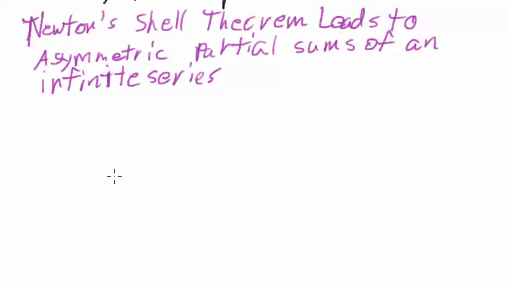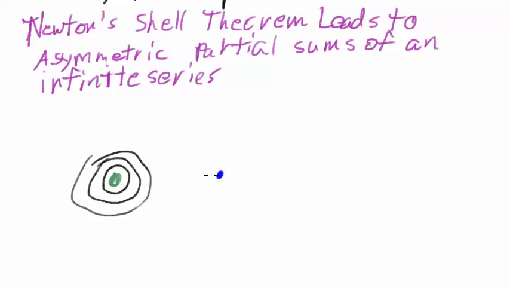Here's the basic idea. We have an observer right here, and then we have the point around which we want to calculate the force over here. And so what we're going to do is imagine the shells around the observer. Shell here, shell here, shell here.